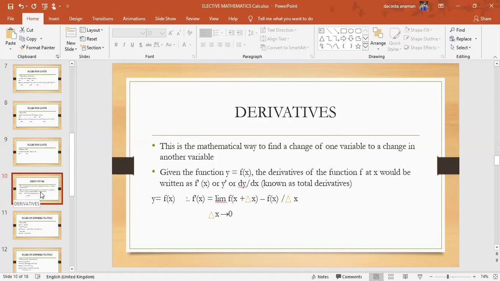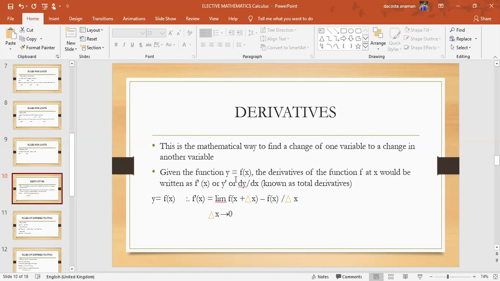Normally in demand and supply, you'll be looking for a change in one commodity to the change of price in another commodity. That function that you'll be solving in economics is the same as differentiation here. But in economics, sometimes you'll not be applying the rules of differentiation, but most of the time you apply the rules of differentiation. That's in higher level differentiation.